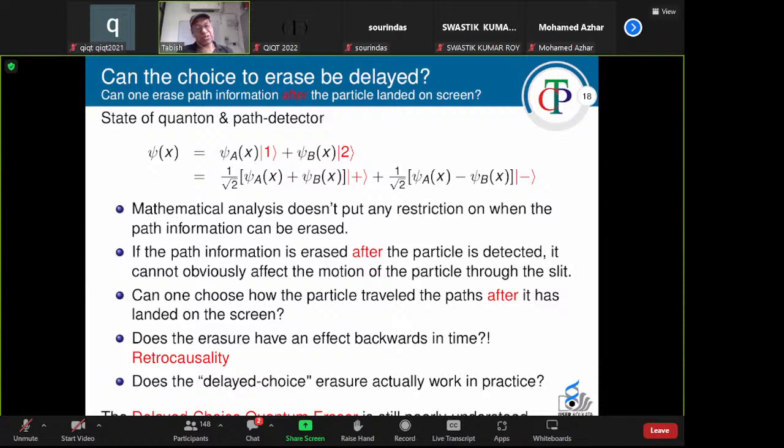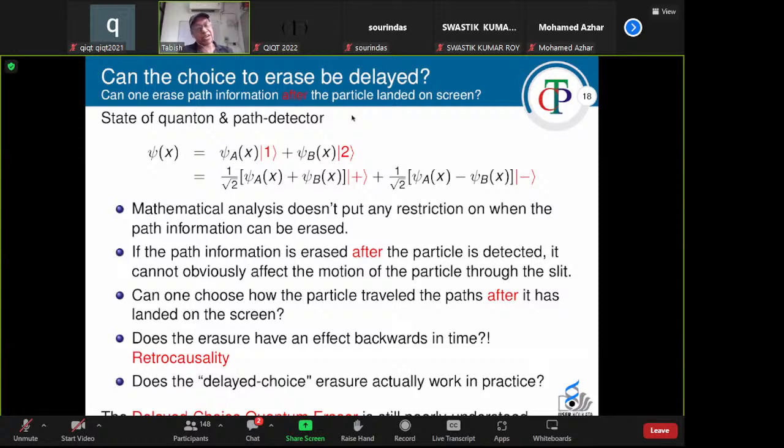But by measuring Q, you actually erase the which-way information and you get back interference. So the choice is ours whether you want to erase the which-way information or you want to get the which-way information. So the question people ask is, can this choice be delayed?